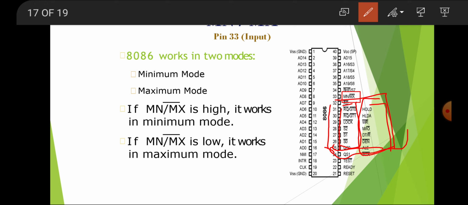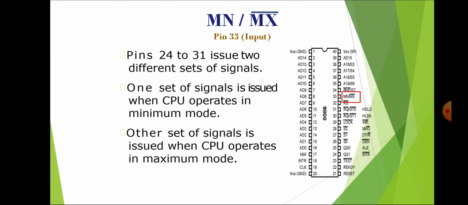When the MN bit is set to 1, it works in minimum mode, and when MN or MX bar is set to 0, it works in maximum mode. In the next lecture I will explain this, which requires more than half an hour. Pin numbers 24 to 31 issue two different sets of signals: one set is issued when the CPU operates in minimum mode, and another set when the CPU operates in maximum mode.